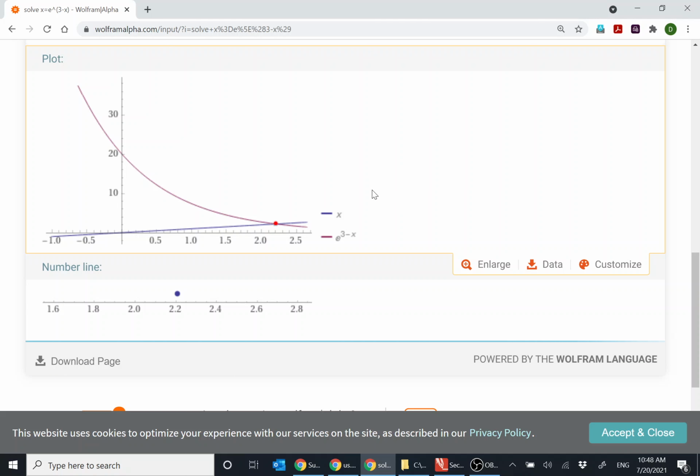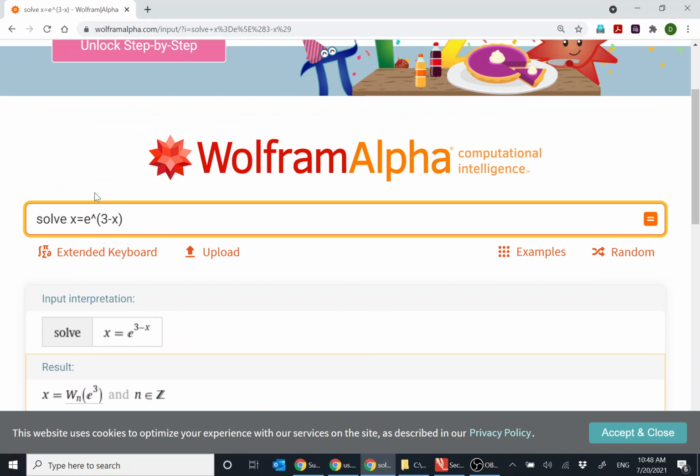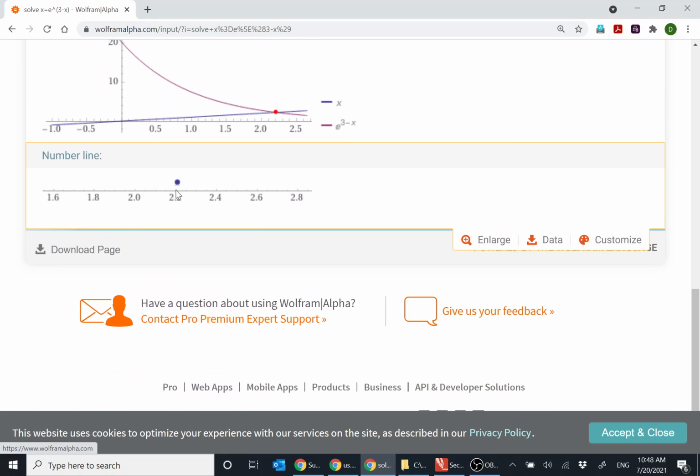So what is it telling us? Here is the line, and this you can do on your graphing calculator. We're comparing the function f of x equals x and the function e to the 3 minus x.